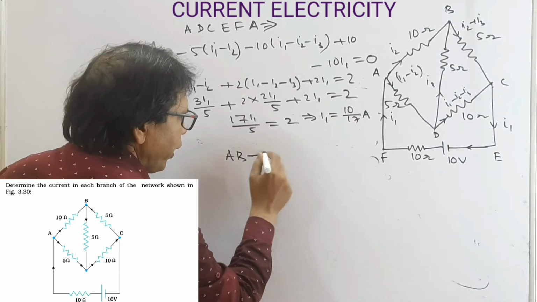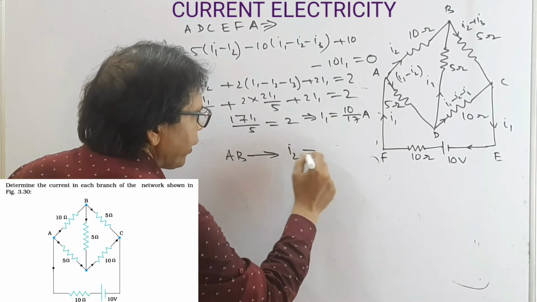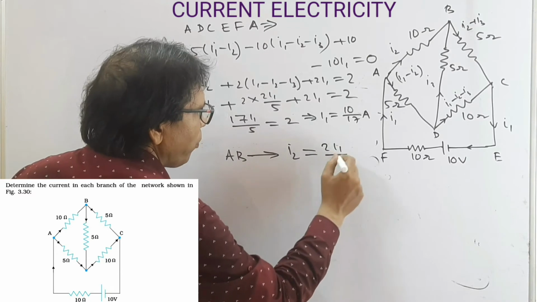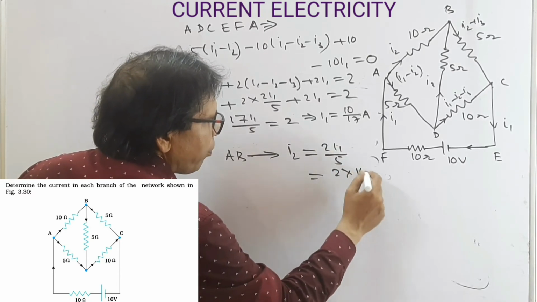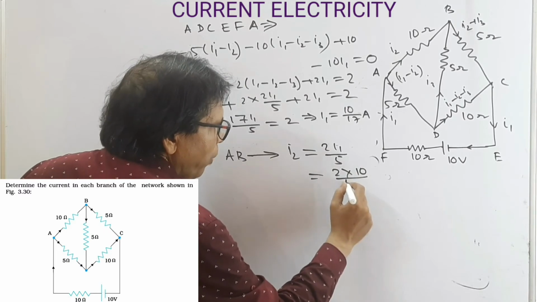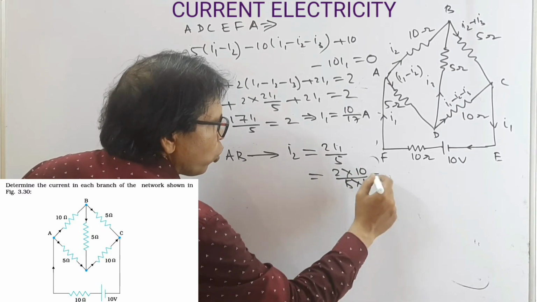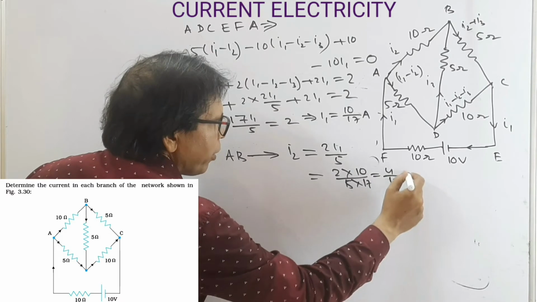Okay. Along AB the current is I2, and this equals 2I1 by 5, so this is 2 into 10 by 5 into 17, which is 4 by 17 ampere.